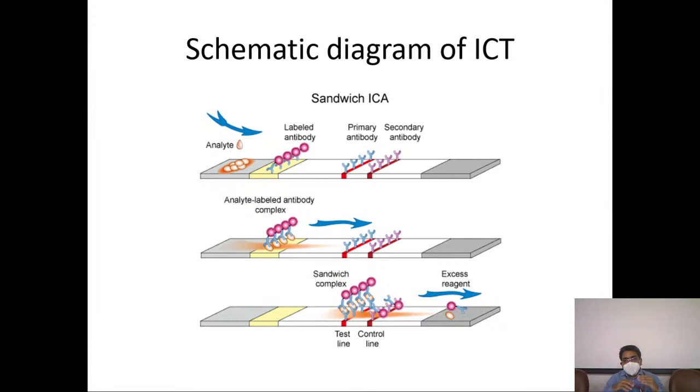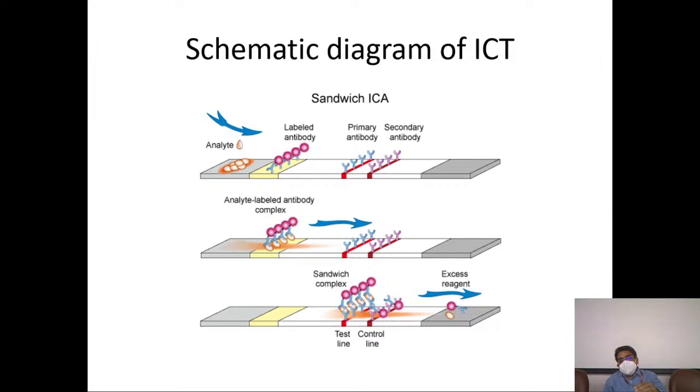It will move forward. At the test line there is a primary antibody, at the control line it's the secondary antibody. First of all we will see the control line. Control line should always give a reaction, then only the test is valid. So how this picture comes: when antigen is there it will bind to the labeled antibody, which can be colloidal gold. This will combine with the analyte and they will move forward, which you can see in the middle diagram.